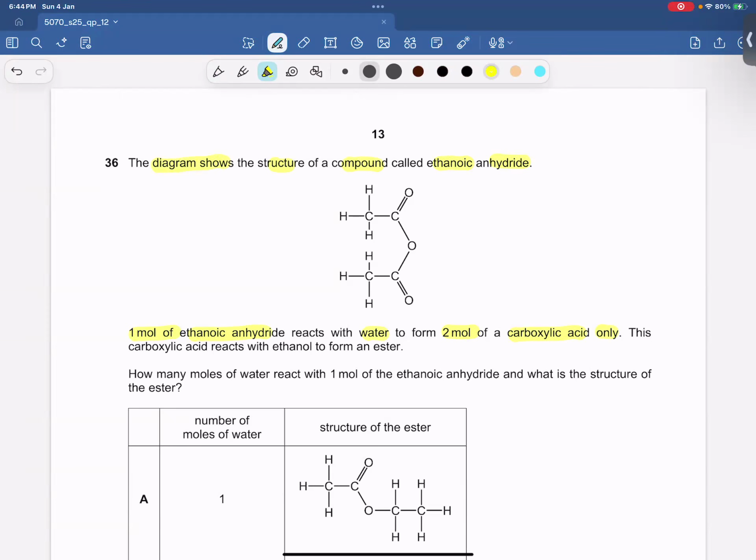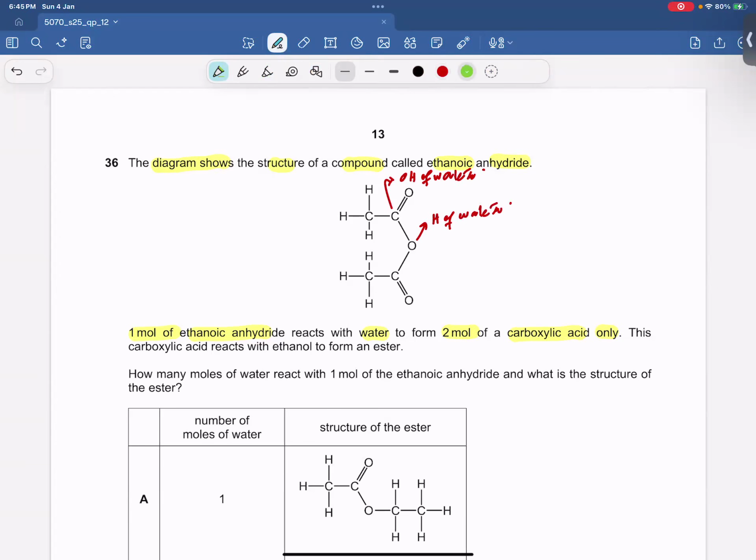This is the first part of the question. First of all, let me remind you of something we have done in the class. This CO will get the OH of water, and this oxygen will get the hydrogen of water.